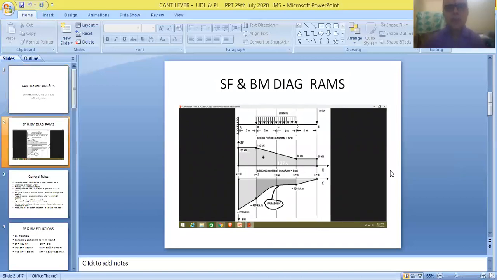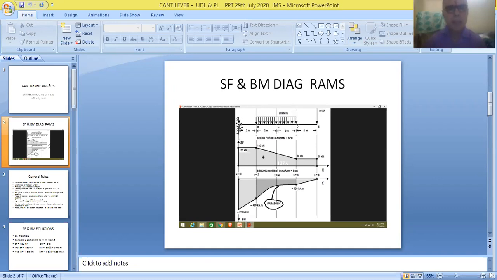So, friends, this is the cantilever provided with one point load and one uniformly distributed load. We can see the arrangement of the cantilever. This is fixed at one end.